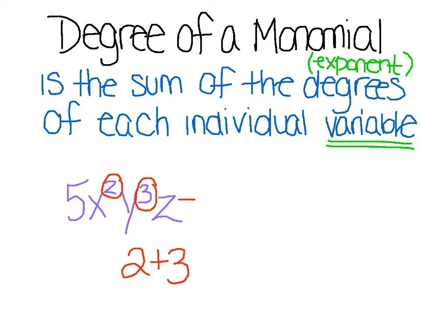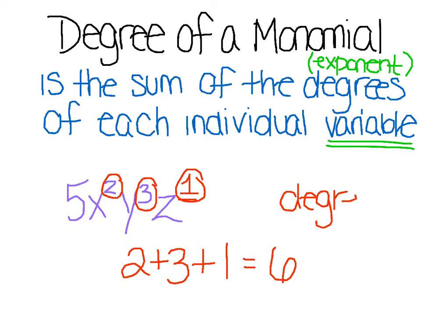Now there's no exponent here, but what number is implied? Hopefully you're thinking 1, so we're going to include that 1, plus 1. 2 plus 3 is 5, plus 1 is 6. So the degree of this monomial is 6. Add up all of the exponents, including the 1 if a variable has no exponent stated.